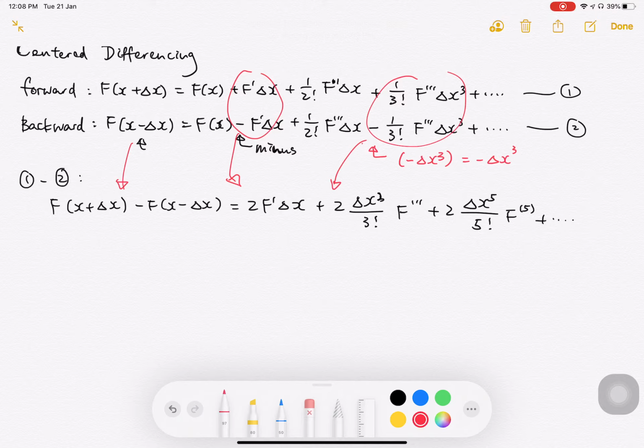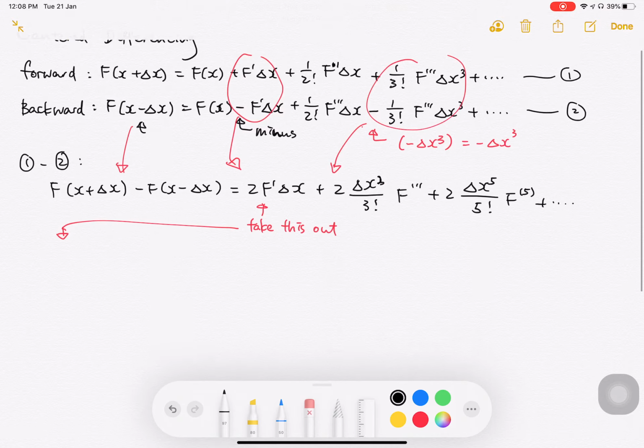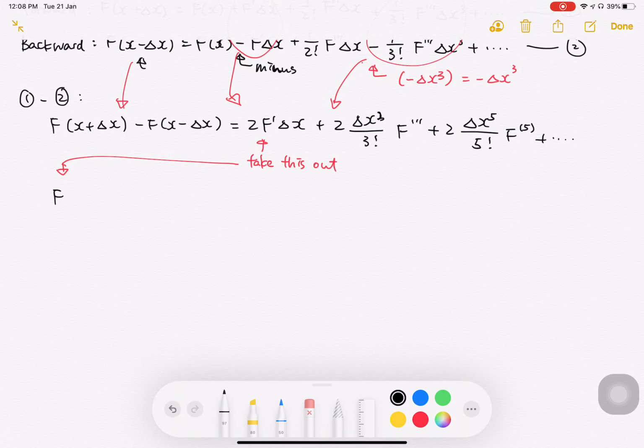Okay, if we take this out, we know that this is the difference equation between the information in the front, which is x plus delta x here, and on the back, x minus delta x in here.